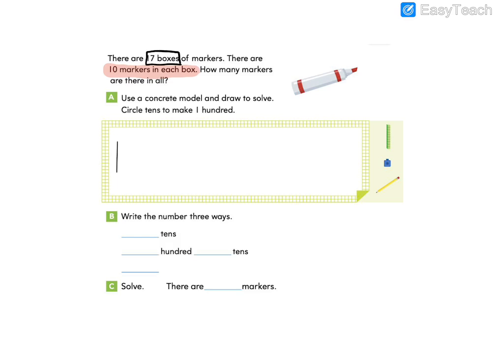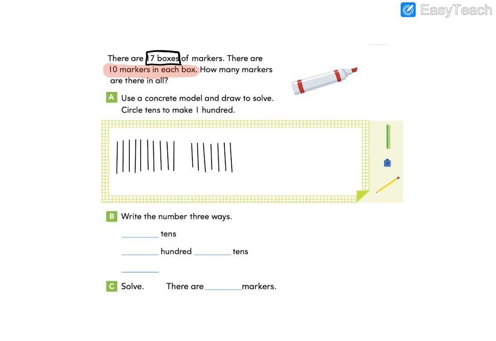So there's one box. Go ahead and draw your concrete model to represent all 17 boxes. Pause the video if you need any more time for your drawing.